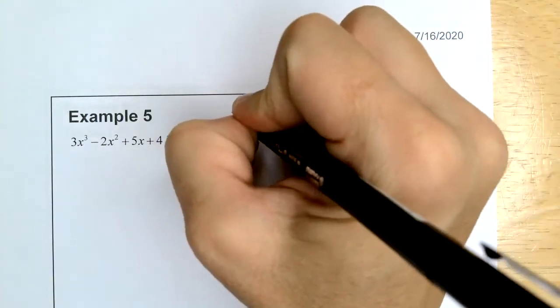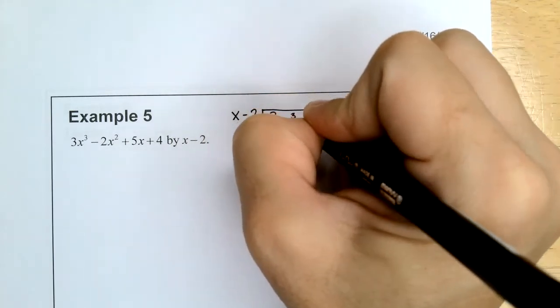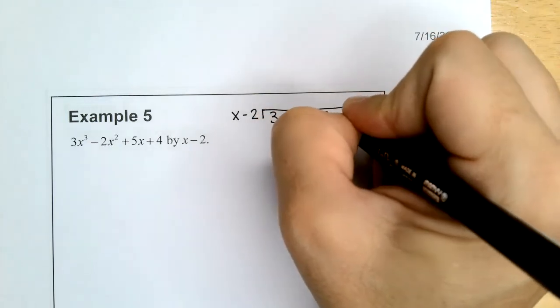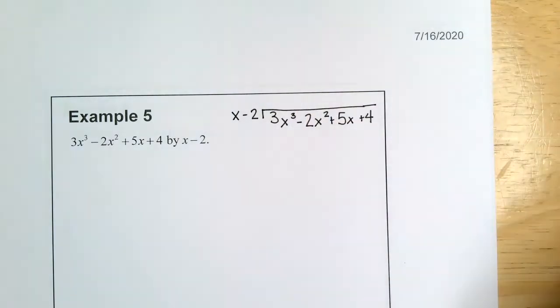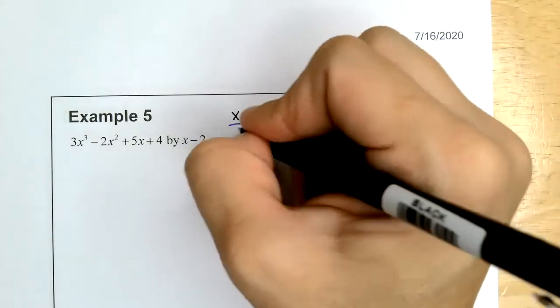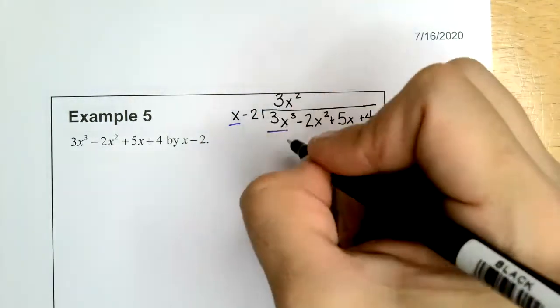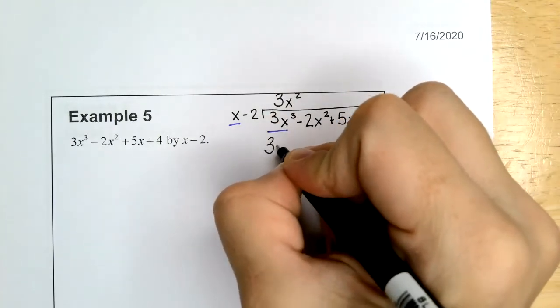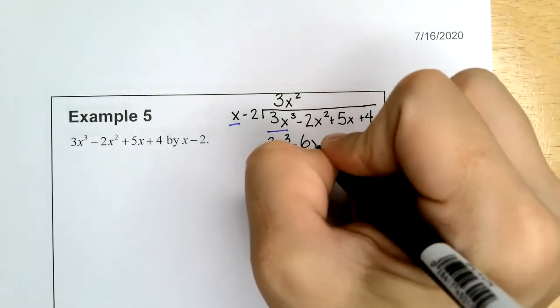All right. So we have x minus 2 outside the house, and inside the house we have 3x to the third minus 2x squared plus 5x plus 4. Just looking at your first term and your first term, if I want 3x to the third out of x, I need to multiply x by 3x squared, right? 3x squared times x is 3x to the third. 3x squared times a negative 2 is negative 6x squared.